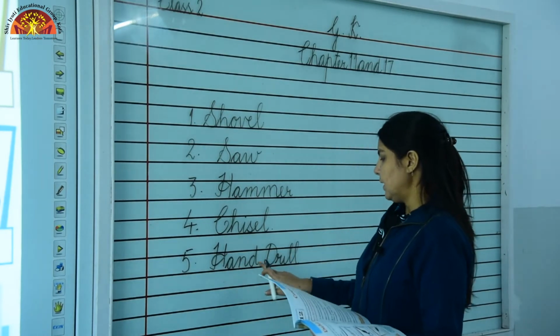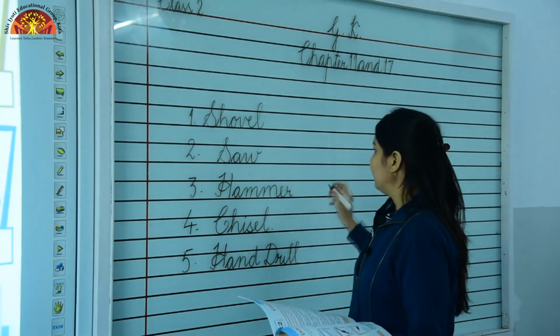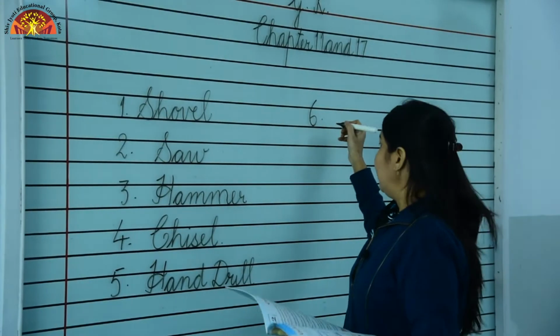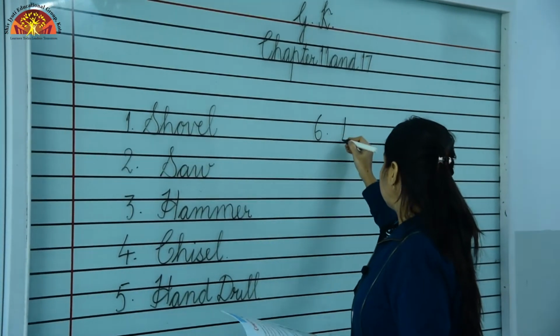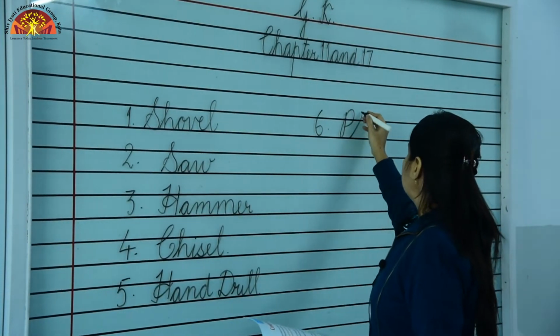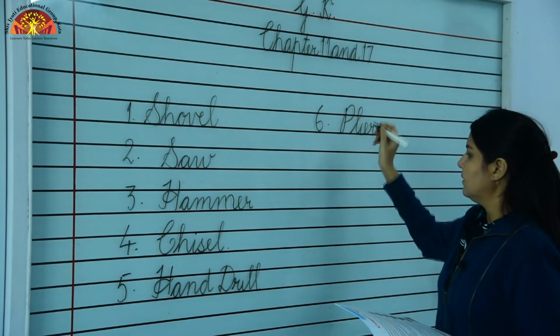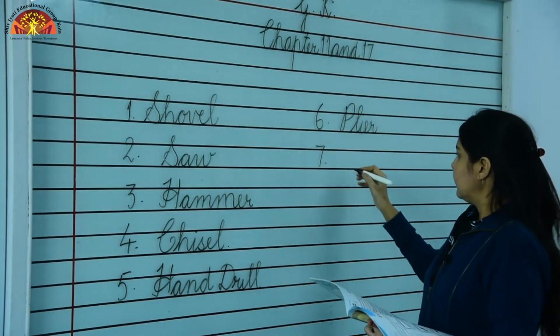H and D should be capital in hand drill. Number 6, plier. The spelling of plier is P-L-I-E-R, plier.